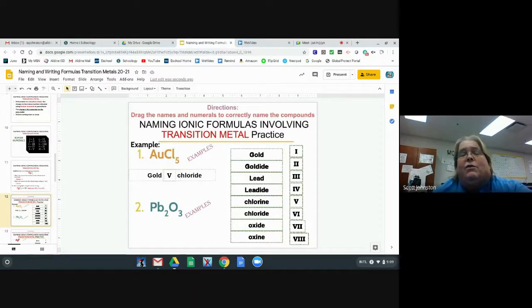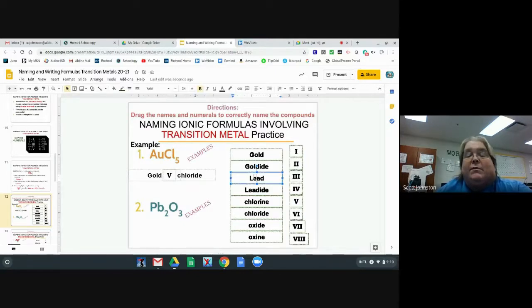Okay, so let's do one more example. Let's look at the next one. We have Pb. If we look on a periodic table, Pb is lead. So we grab lead and bring it down here. We look at the subscript for the nonmetal, which in this case is oxygen, and it's 3.